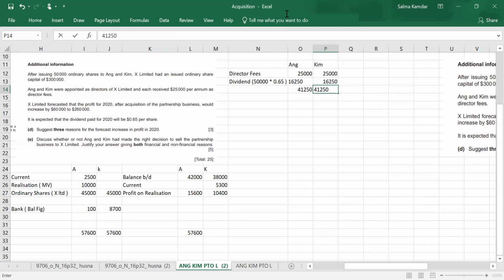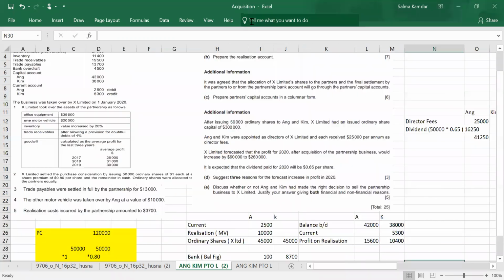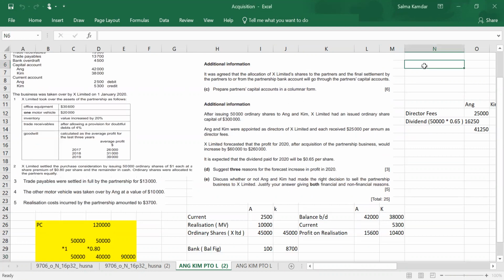And Ang will receive 17,850 more. Now, why are we saying Ang will receive 17,850? See, in 2019, the profit was 39,000. And this 39,000 profit was divided between Ang and Kim in the ratio of 3:2.